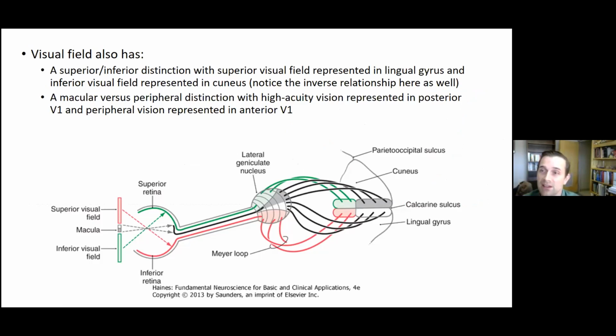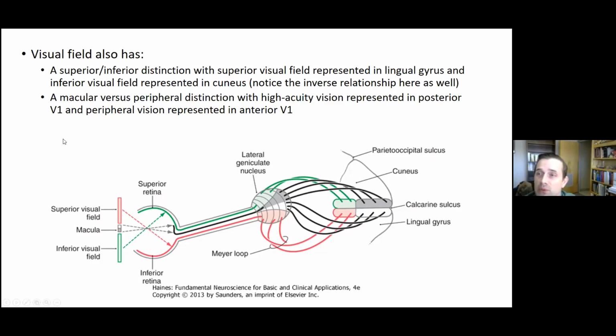Information in the inferior visual field is going to be going to the superior aspect of your primary visual cortex. And we're going to talk about why that happens in just a few minutes.